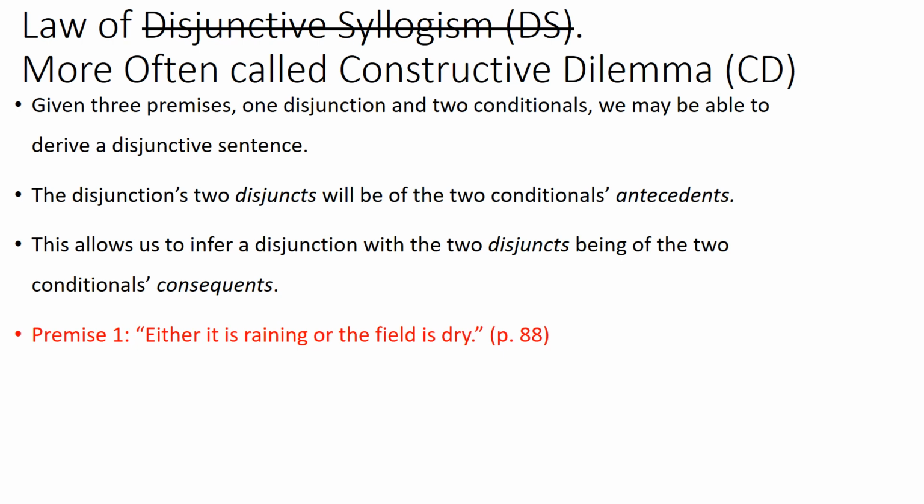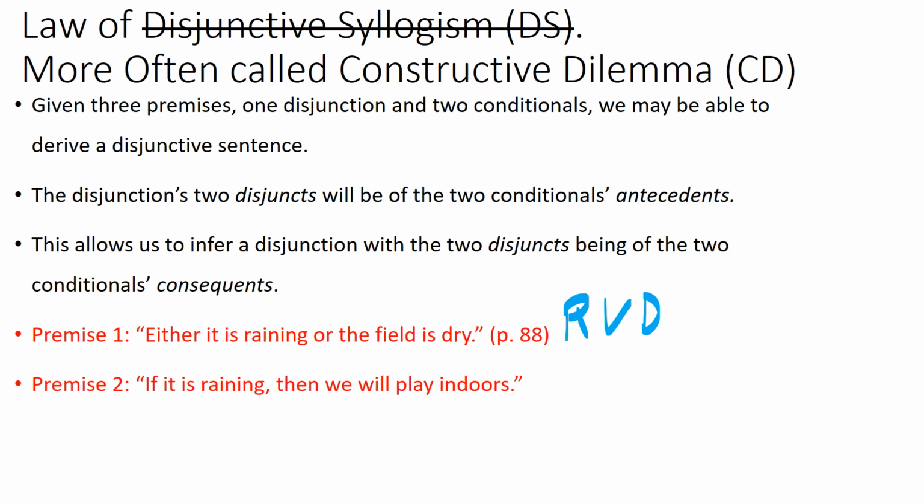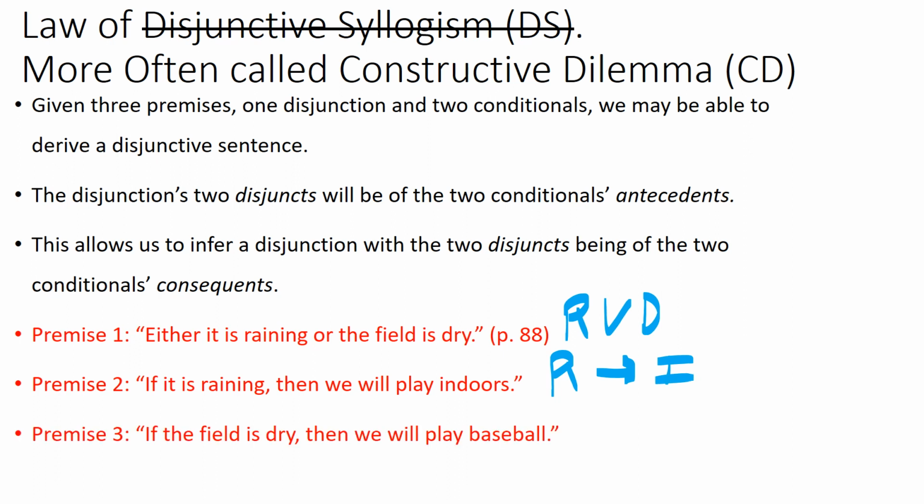And here is the example on page 88 of the Suppes and Hill textbook. Premise 1, either it is raining or the field is dry. Second premise, if it is raining, then we will play indoors. If R, then I. Third premise, if the field is dry, then we will play baseball.